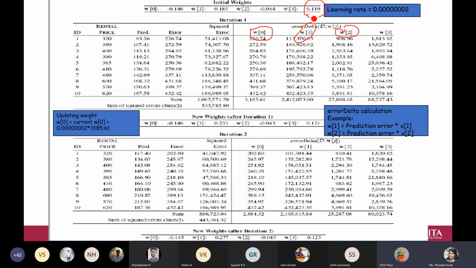So the updated W3 is 0.119 plus the learning rate, which is 0.00002, into this value, error delta of D comma W3. Is that fine? Yes, ma'am. So it is 0.119 plus 0.00002 into 88,727. That is your updated value of W3.